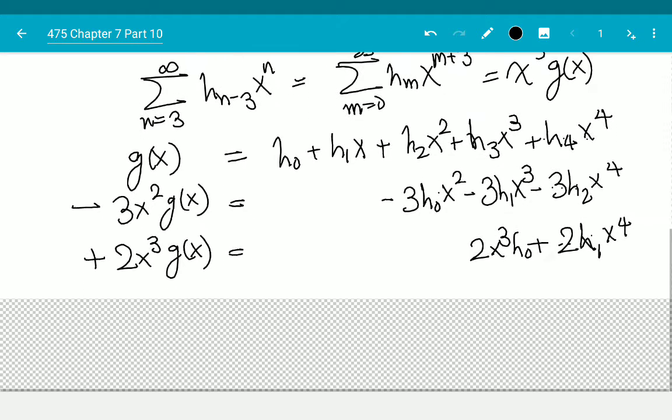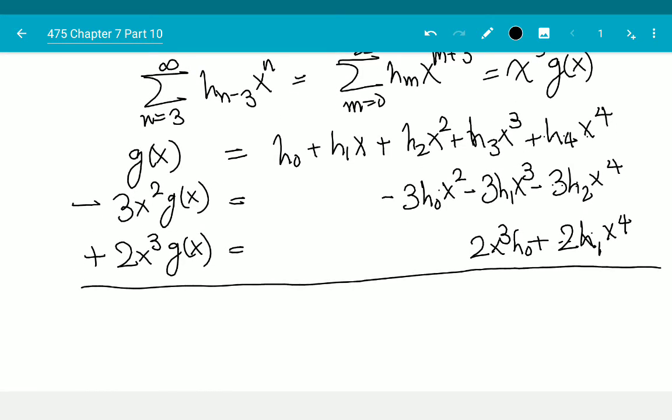But what is my recurrence relation? My initial recurrence relation was that h_n is equal to 3h of n minus 2 plus 2h of n minus 3. And so if I add all of these, I get 0.